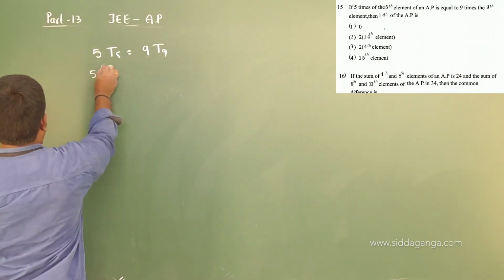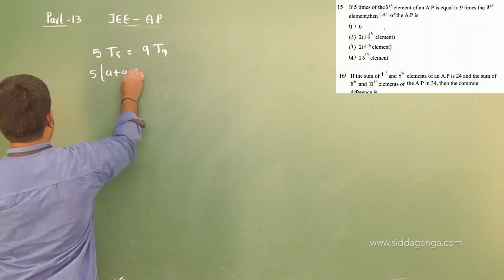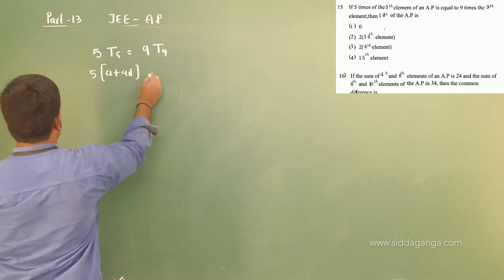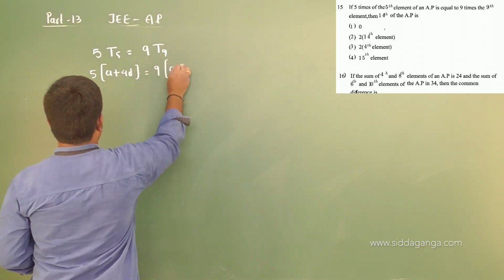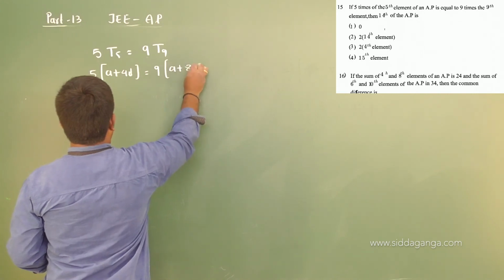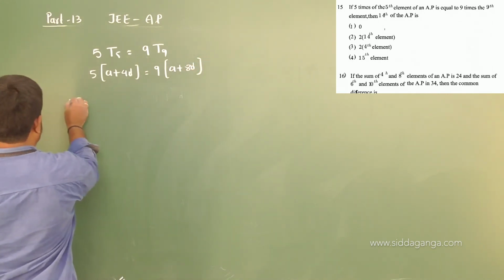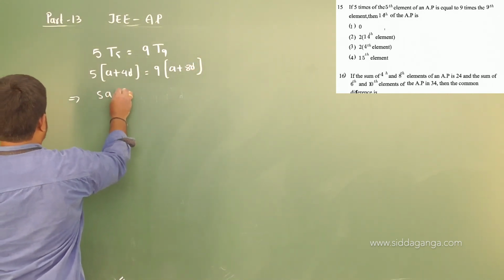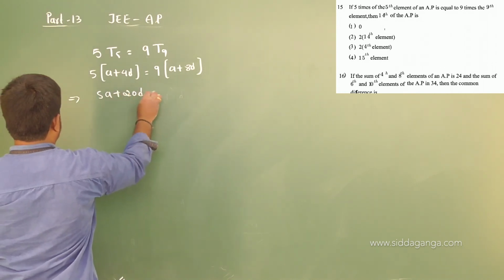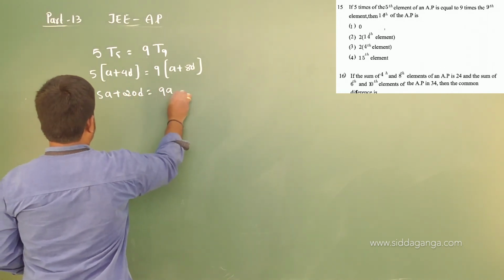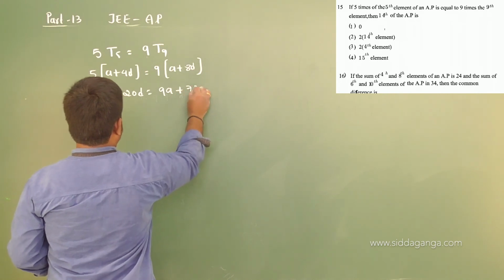Yes. 5 times of a plus 4d is equal to 9 times of a plus 8d. Simple one. Just simplify this, you get the answer. 5a plus 20d equals 9a plus 72d.